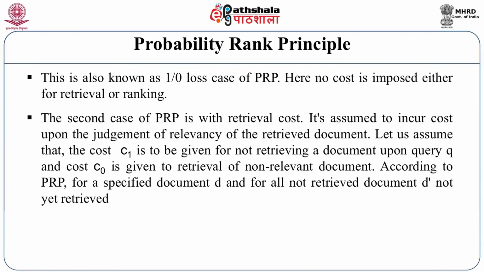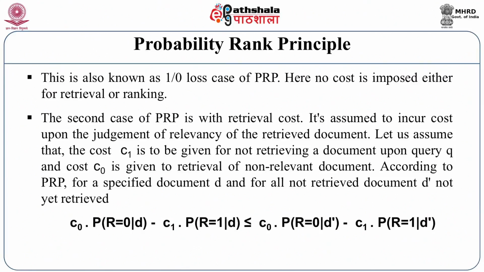According to the PRP, for a specified document D and for all not yet retrieved documents D dash, C0 times probability R equal to 0 given D, minus C1 times probability R equal to 1 given D, is less than C0 times probability R equal to 0 given D dash, minus C1 times probability R equal to 1 given D dash.